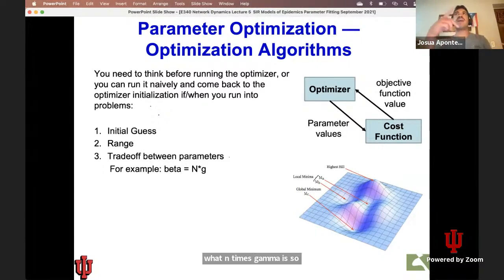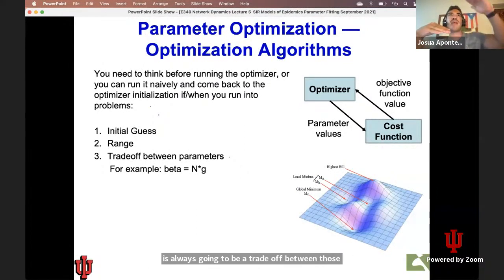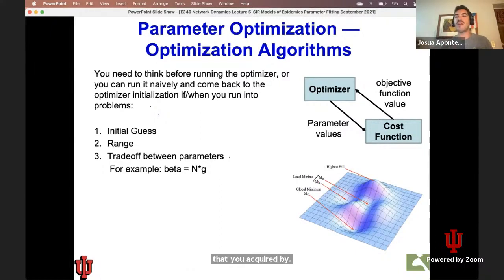If I define n and gamma as two different parameters that I'm trying to estimate, there is always going to be a trade-off between those parameters, because my optimizer can decrease n, but by the same amount it increases gamma, and those are still equally good solutions. Those are some of the types of problems that you can run into, and it does require some familiarity and developing some intuitions about these algorithms.